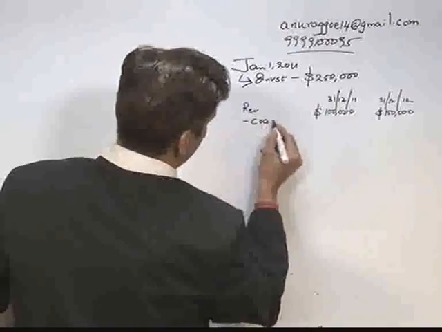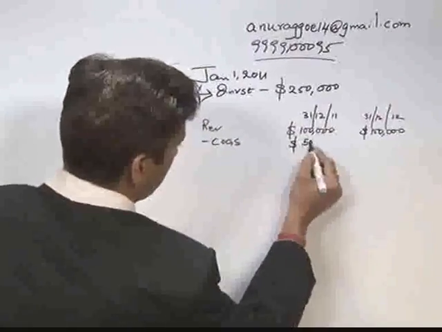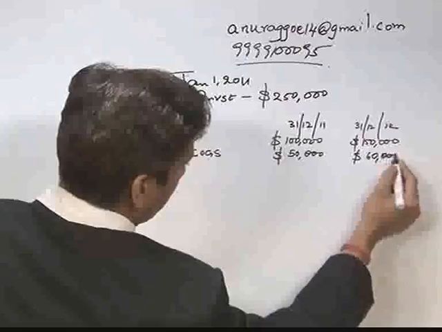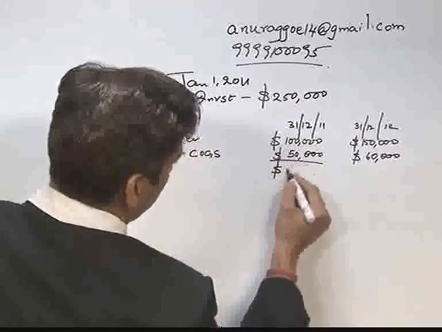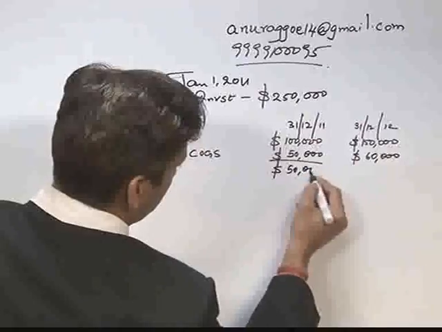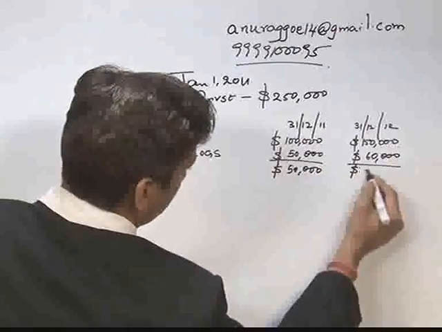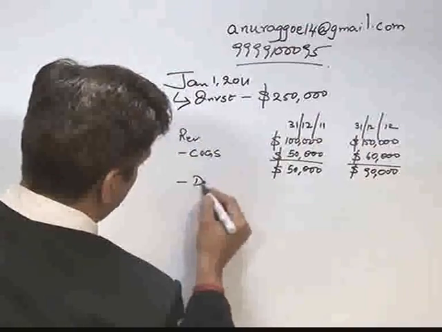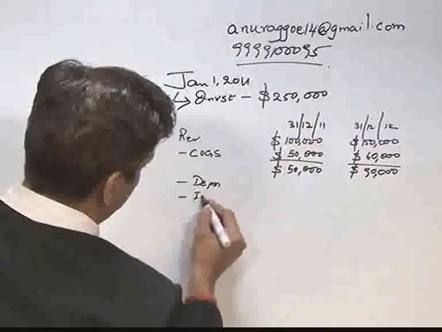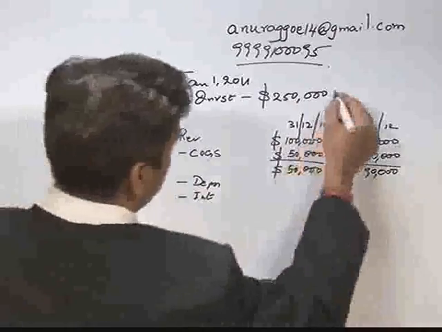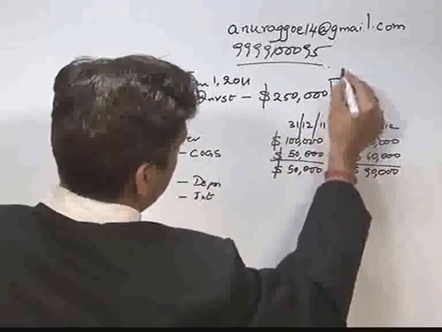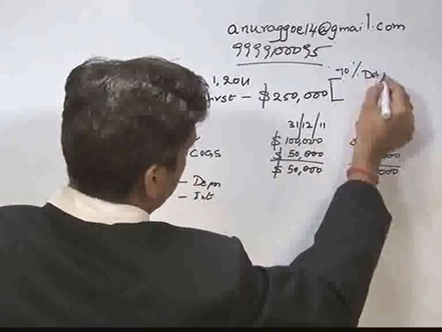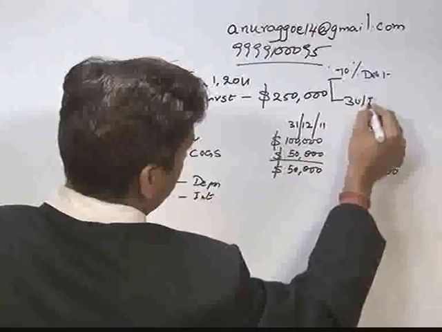My operating cost or variable costs, right? This is my depreciation, interest cost. There is a debt component here: 70% debt, 30% equity.